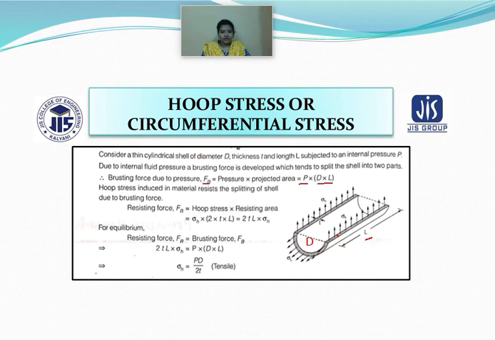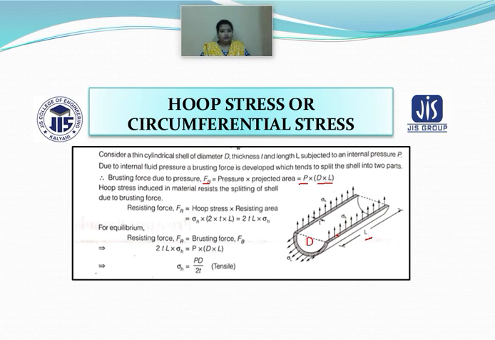So whenever we are talking about the resistance force, it is represented by F suffix R, which is equal to hoop stress into resisting area, because all of you know that stress is none other than force per unit area.